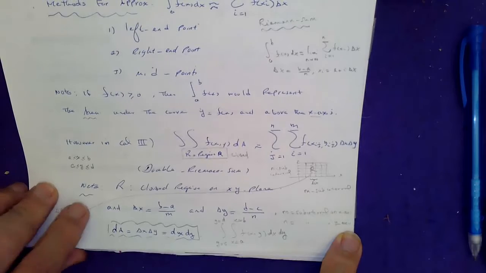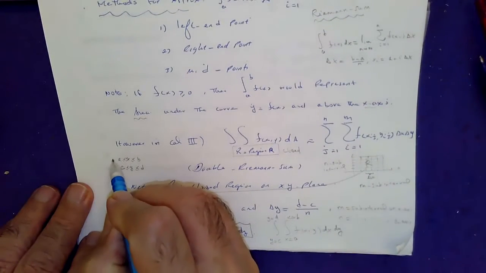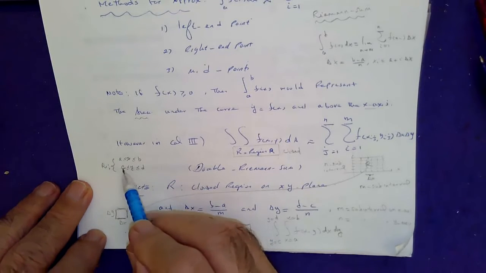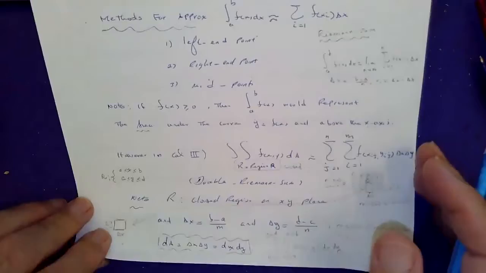Keep in mind the closed region is where x goes from a to b and y goes from c to d.